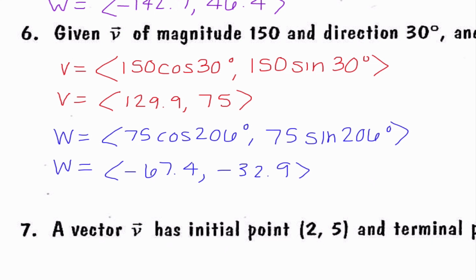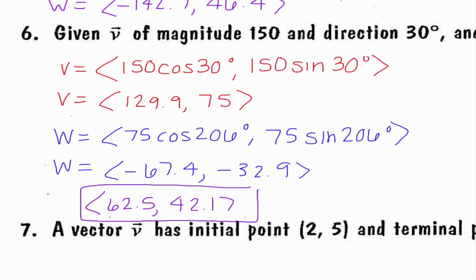So I'm going to do 129.9 plus negative 67.4, and I end up getting 62.5. And then I'm going to do 75 plus negative 32.9. And I get 42.1.